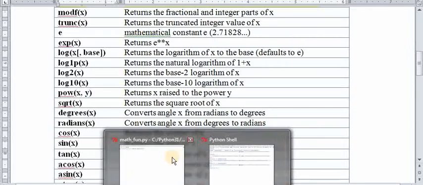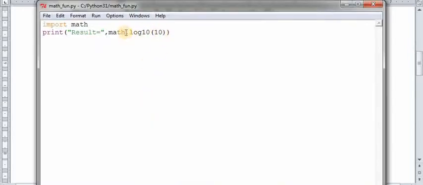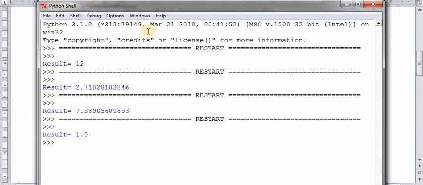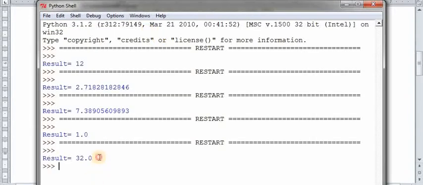Let's calculate. For example, we write pow, and here you have to pass two parameters, one for the base and one for the power. This will return 2 to the power 5. The answer will obviously be 32.